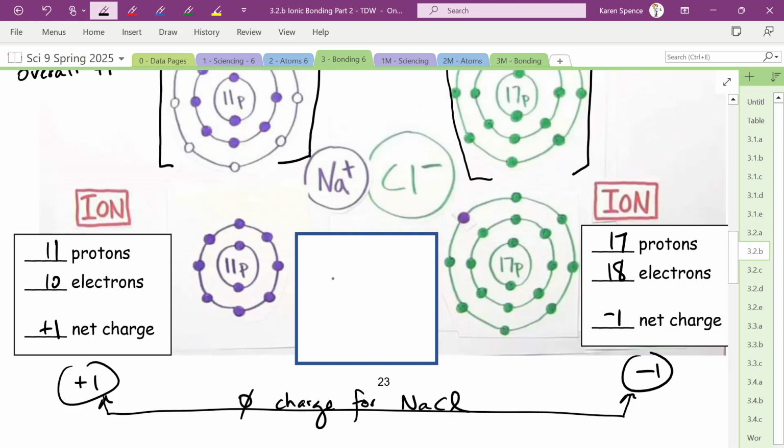It's an ionic compound, and its name is sodium chloride. Okay, excellent.